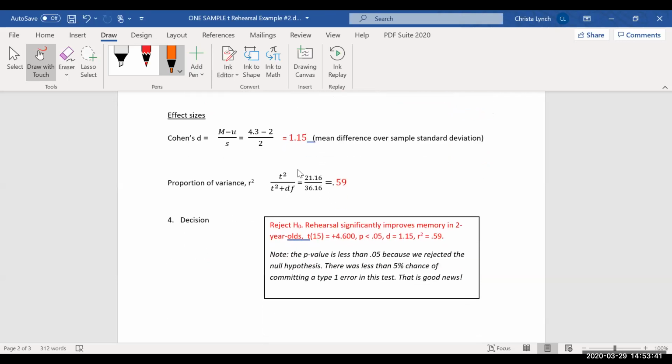Again, I skipped over some of that easier math. You can plug in those numbers yourself, but you're going to get 21.16 divided by 36.16. And so our proportion of variance, or our R squared, is 0.59.